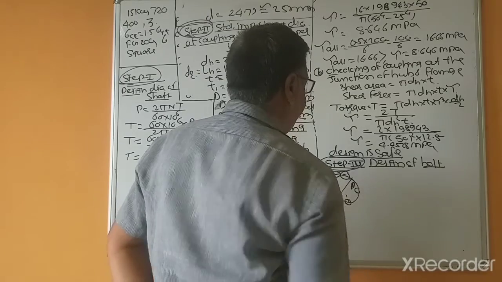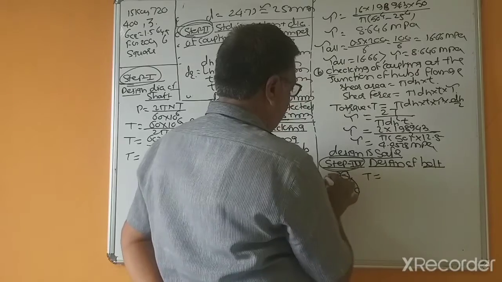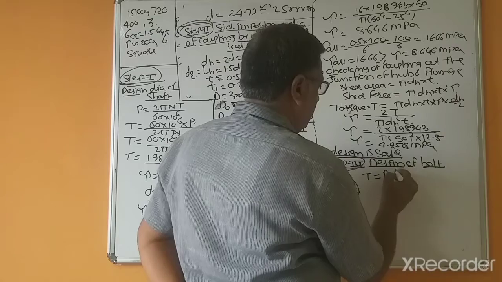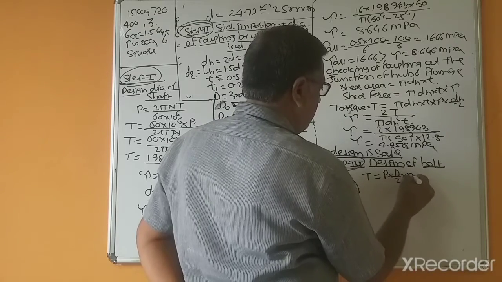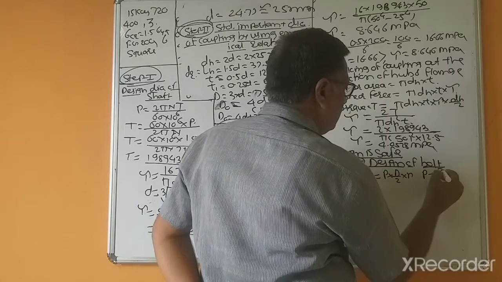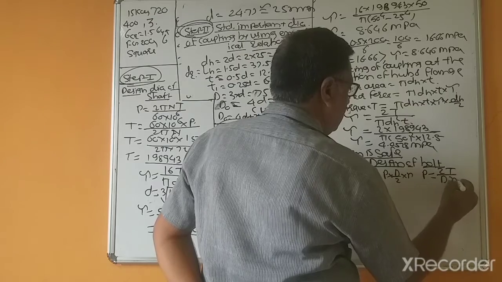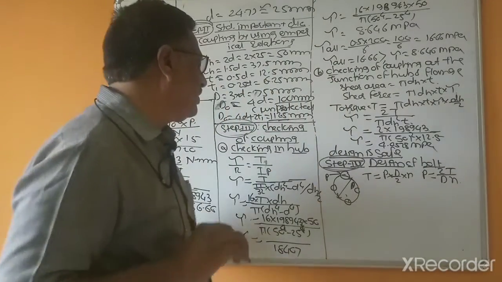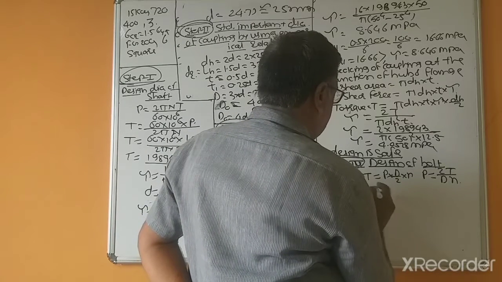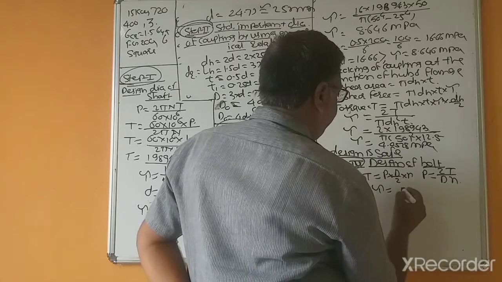This is capital D. Torque equal to P, force, multiplied by D by 2 into N, where N is the total number of bolts. That's why P equal to 2T divided by D into N. This is one relation.